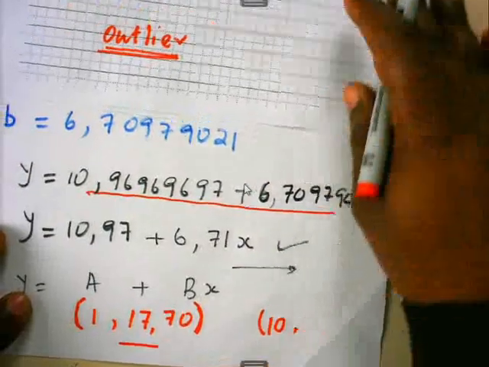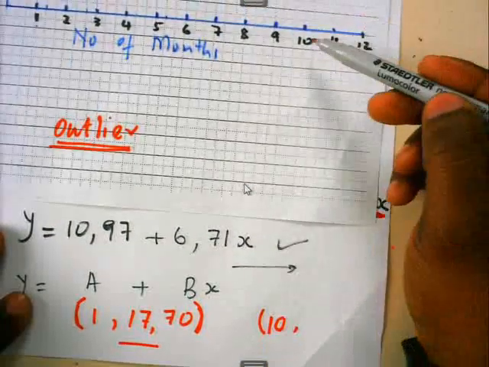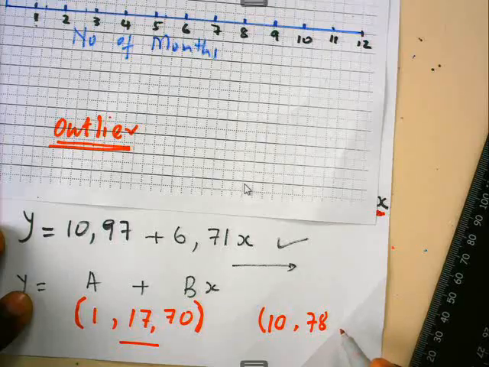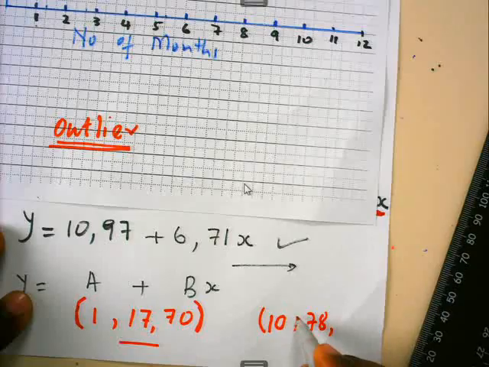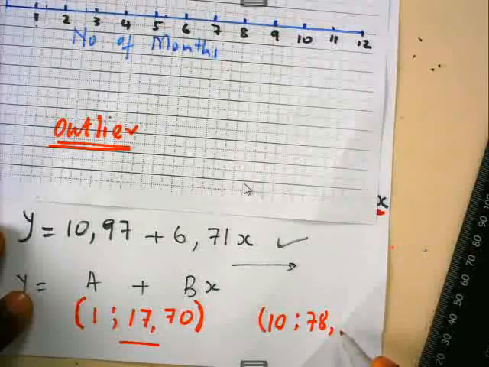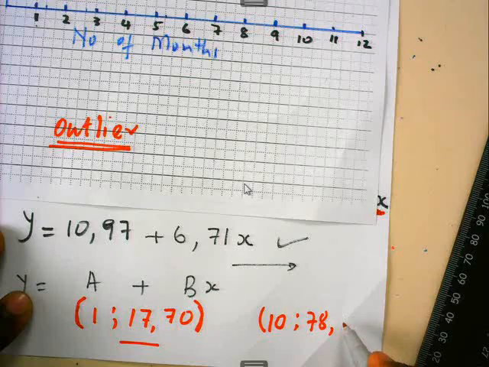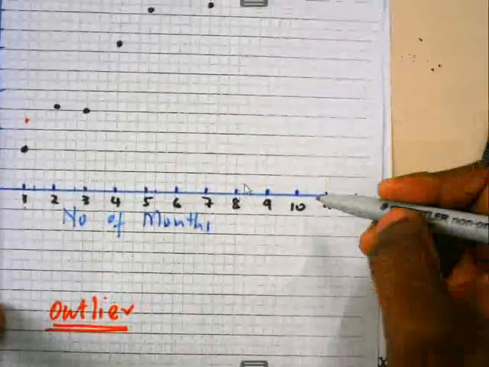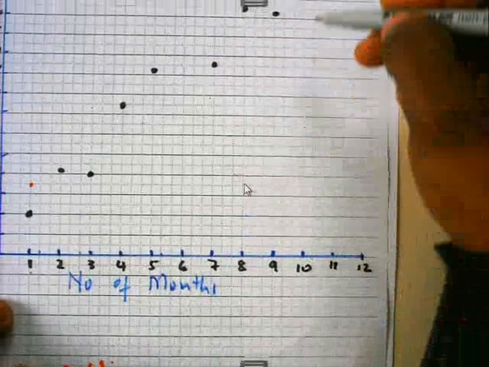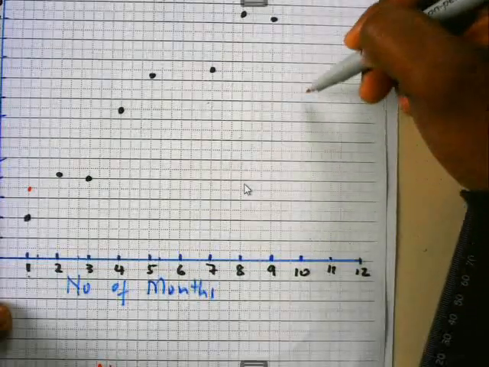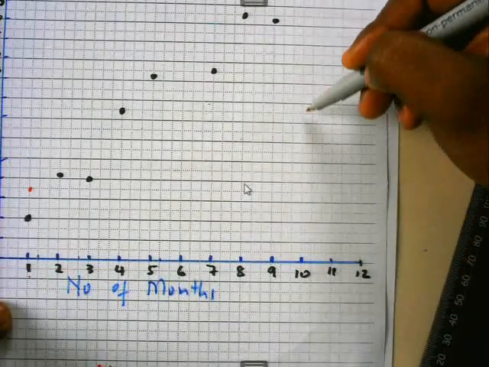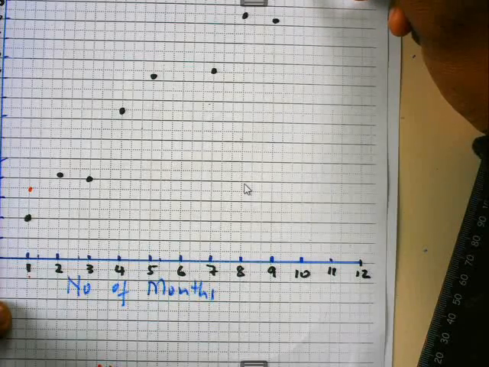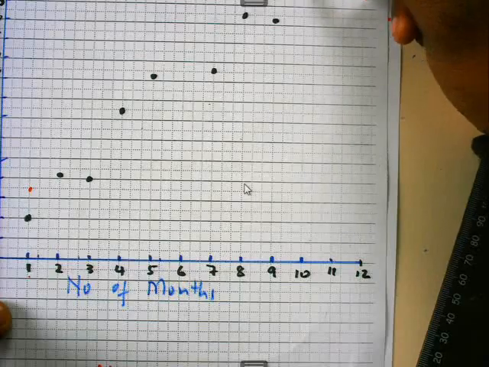When you put 10 for x, we get 78.07. If x is 10, then y becomes 78. Here we are, 10 and 78 point. There we are. Right.